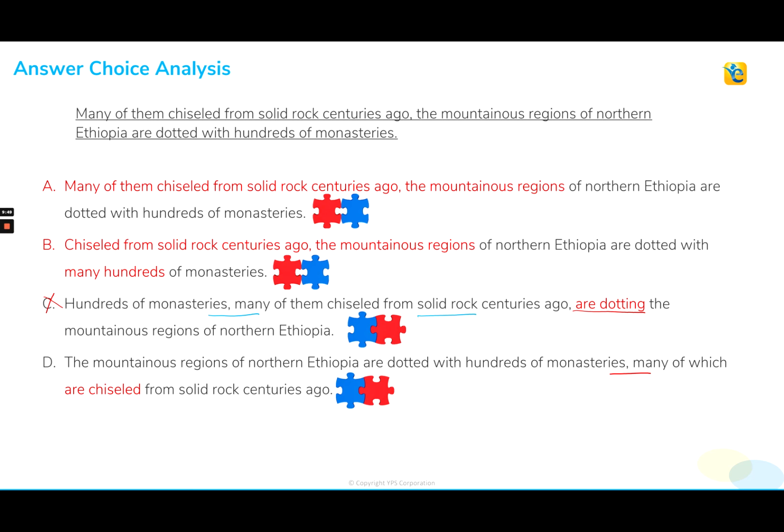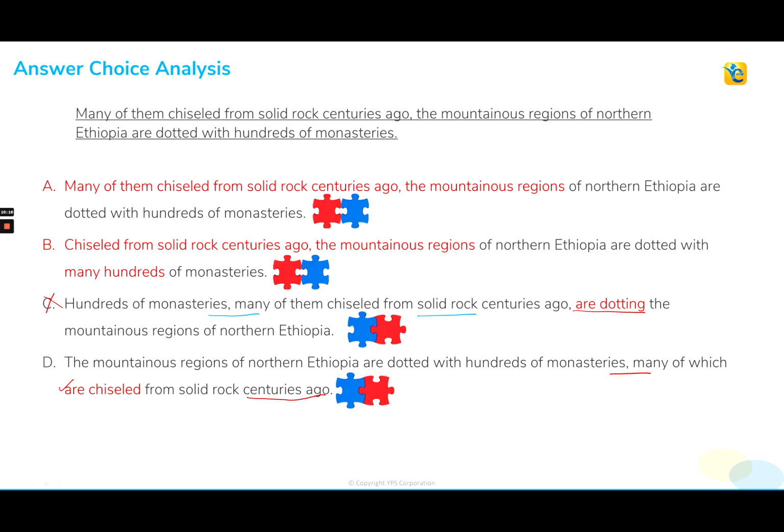Why? Because the sentence is talking about an action that took place centuries ago. So for an action that has taken place hundreds and hundreds of years ago, how can we use the present tense verb are chiseled for that action? Okay, so that's the problem with choice D.